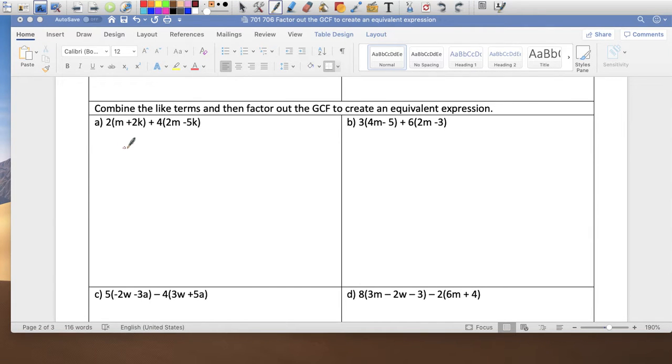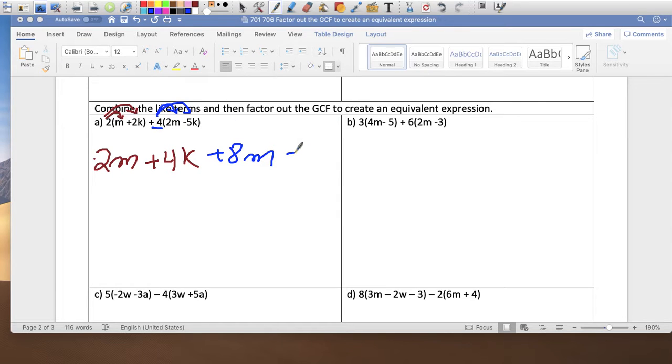So this one you have to do the distributive property. So it says combine like terms, and before combining you have to do the distributive property. So you get 2 times m, which is 2m. 2 times 2k, which is 4k. And then we're going to change colors. Remember, this is a positive. Positive times a positive is plus 8m.